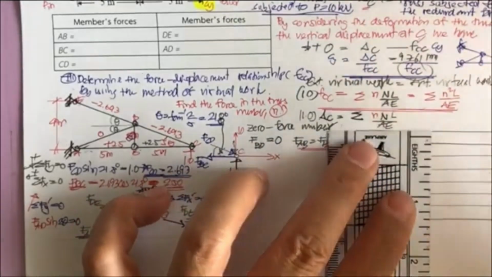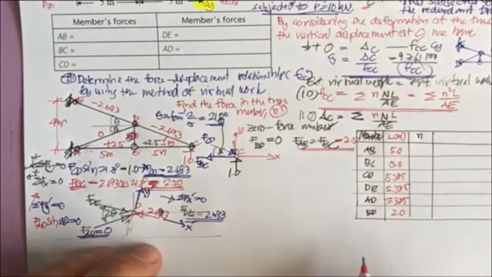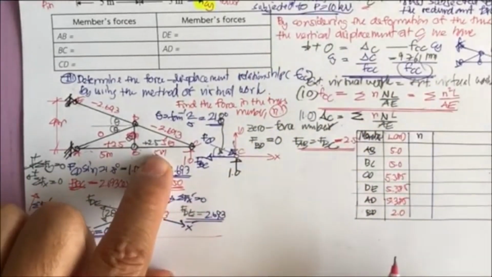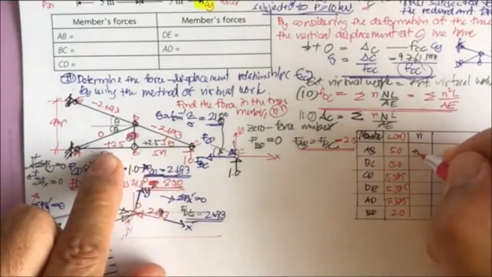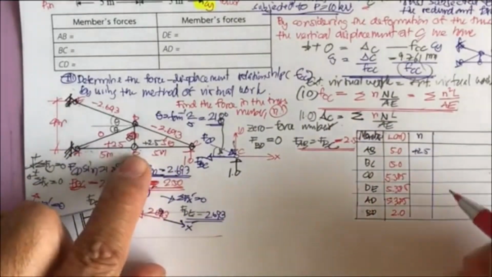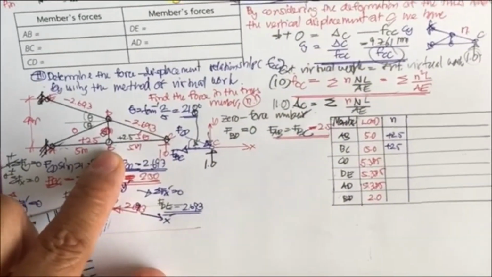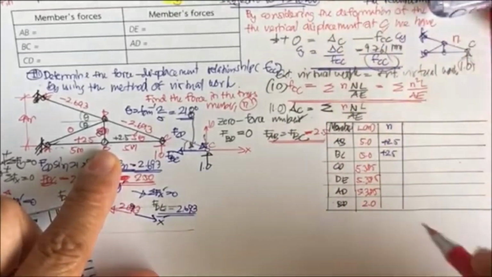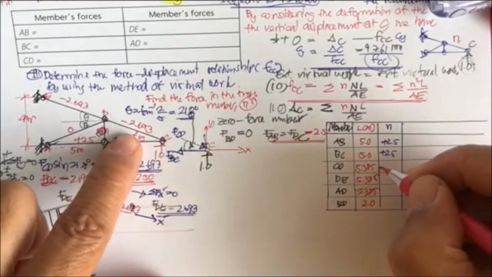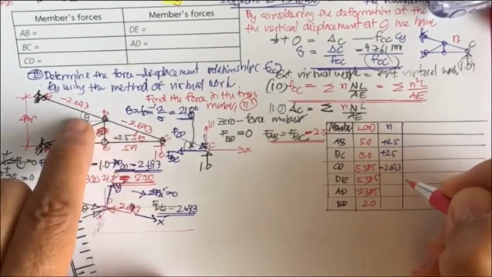You have the small n. Okay, this is AB plus 2.5, BC plus 2.5. Okay, and else, this is minus CD, 2.693.